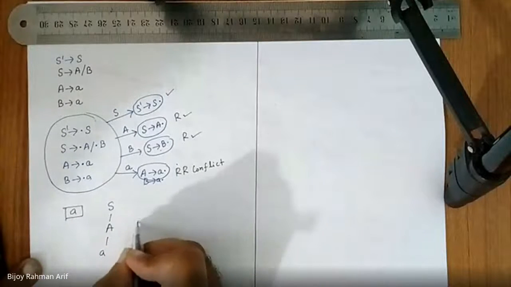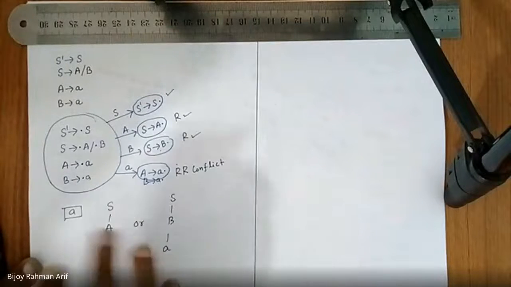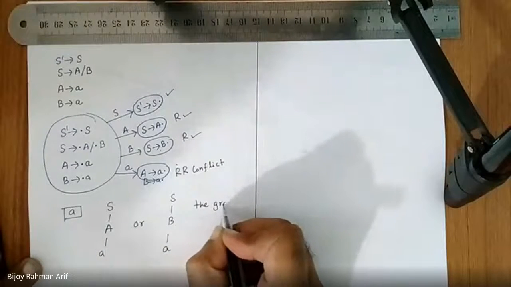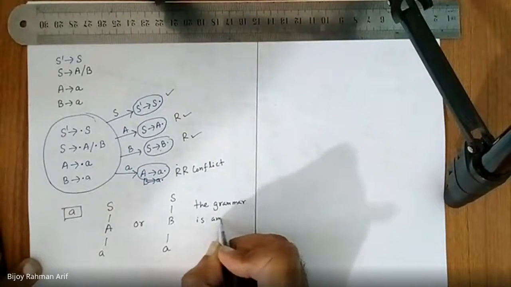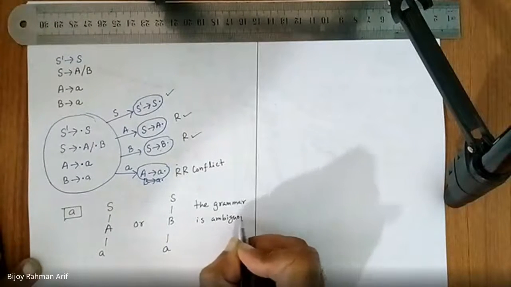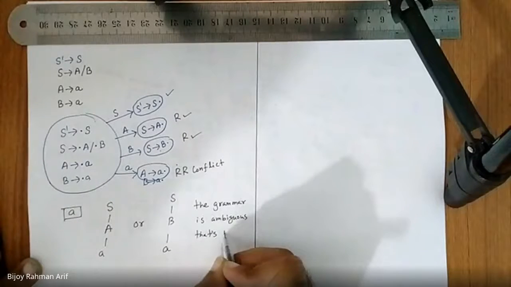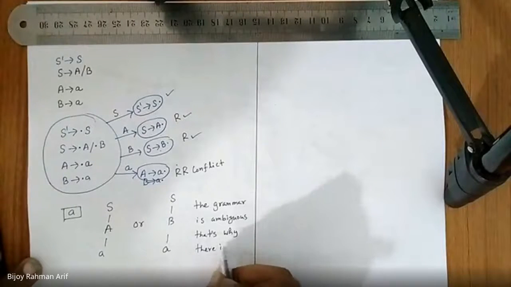Or you can do S derives B and you derive a. Two different paths. Am I right? So the grammar is ambiguous. That's why there is RR conflict.